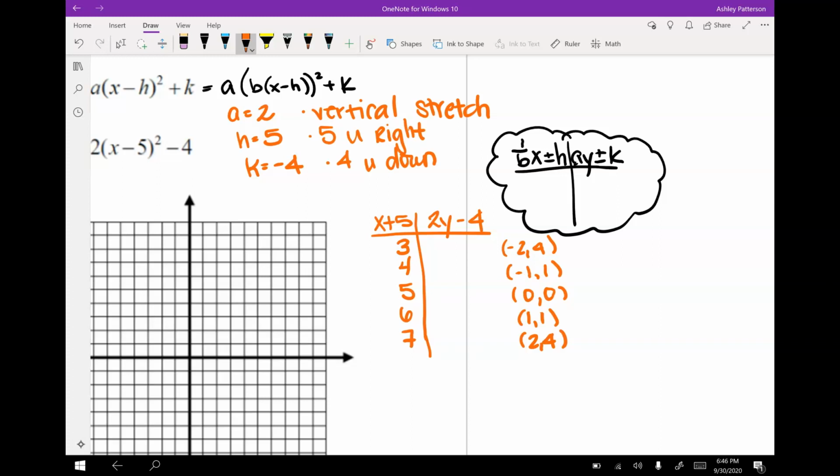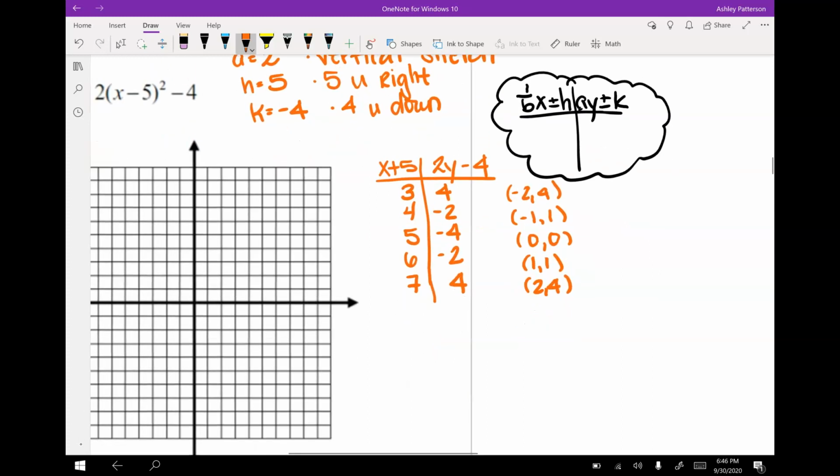We're going to do the same thing with the y value. So if I take 4 and substitute it in for y, 4 times 2 is 8, minus 4 gives us 4. 1 times 2 is 2, minus 4 is -2. 0 gives us -4. And the nice thing is that this graph is symmetrical, so the y values will repeat.